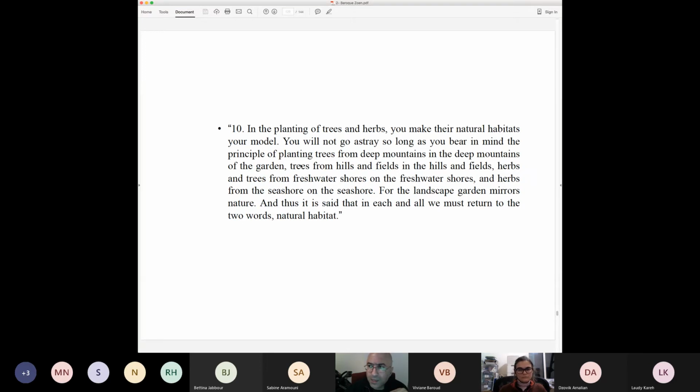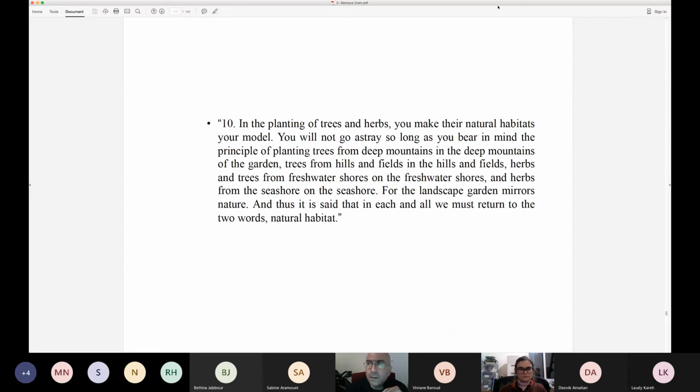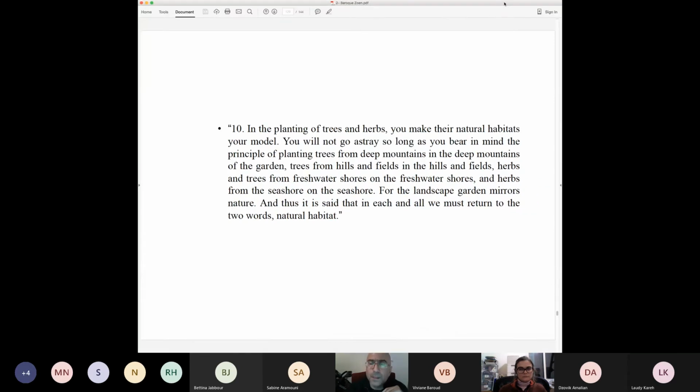You will not go astray so long as you bear in mind the principle of planting trees from deep mountains in the deep mountains of the garden. Remember, this is a representation of nature, the garden, with trees, valleys, streams. So you took a tree from the deep mountain, you plant it in the deep mountain of your garden.